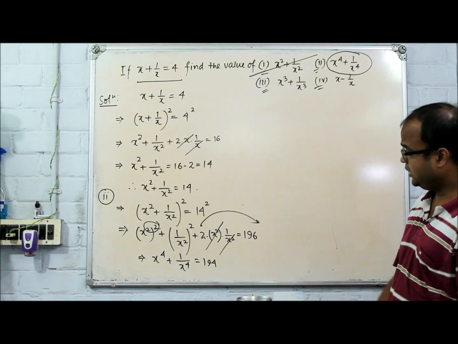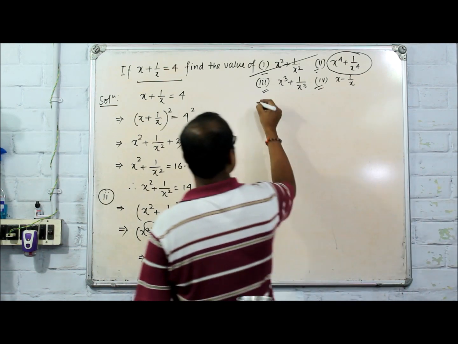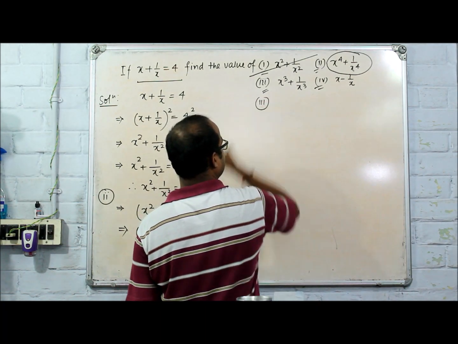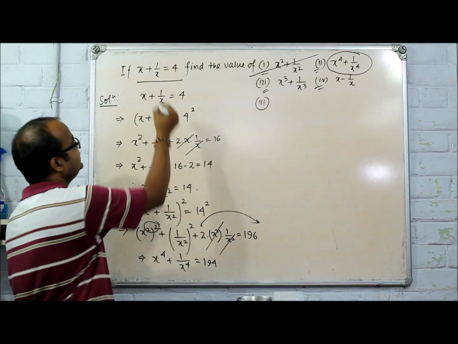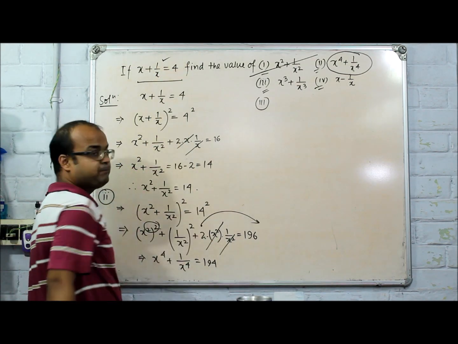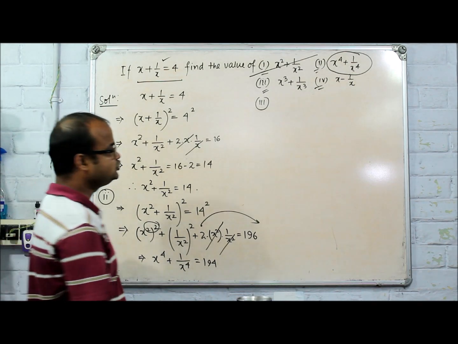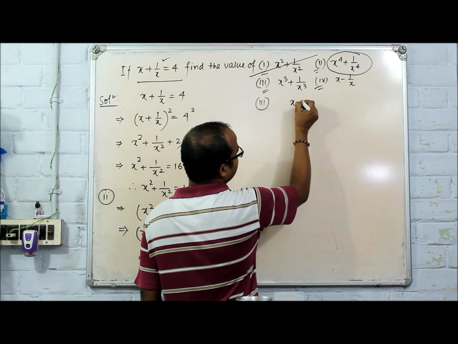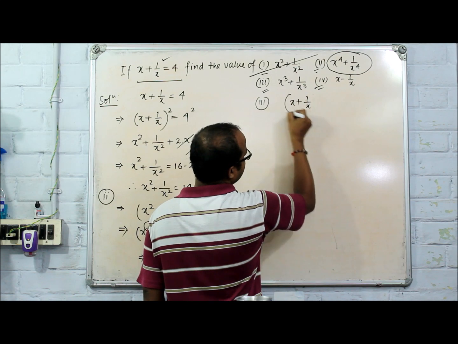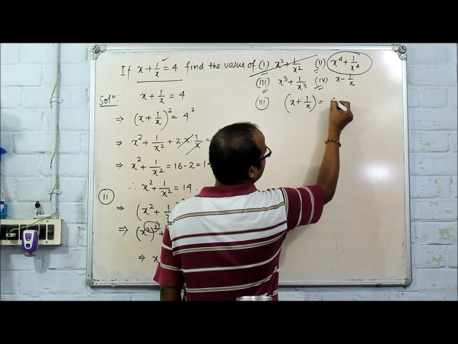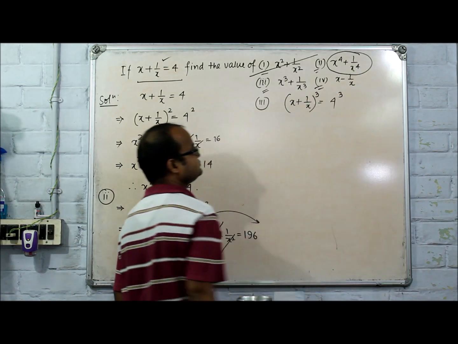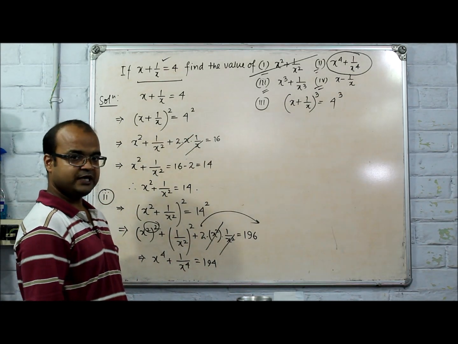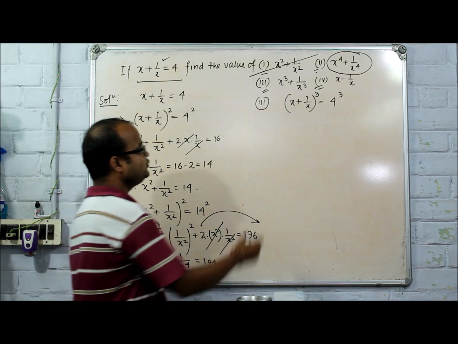Moving into the third part of this, x cube plus 1 by x cube. That means we need to apply cubing on both sides. So x plus 1 by x is equal to 4. It is given. So cubing both sides means cube of x plus 1 by x is equal to 4 cube.